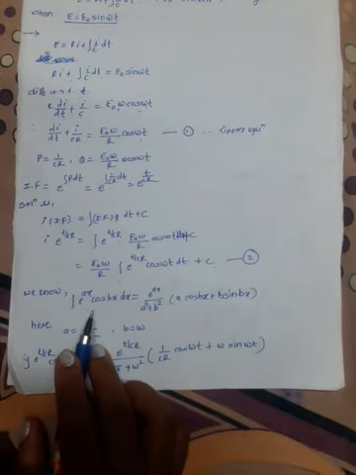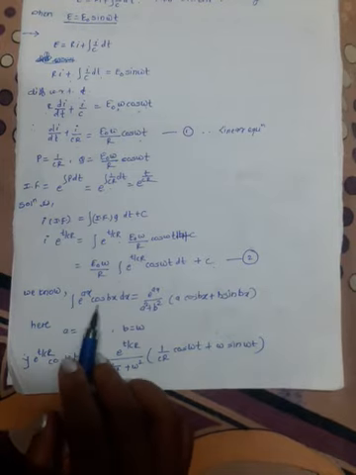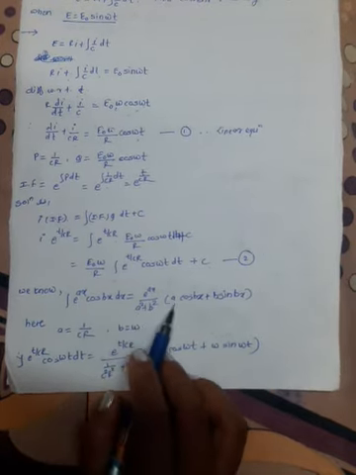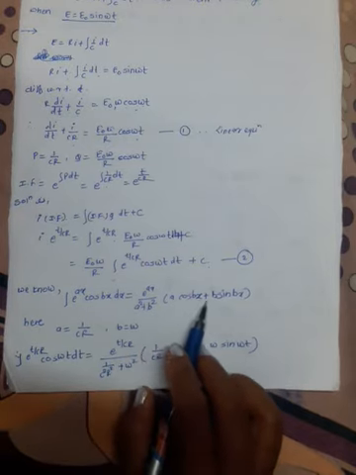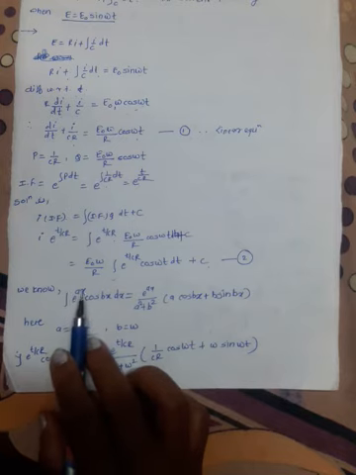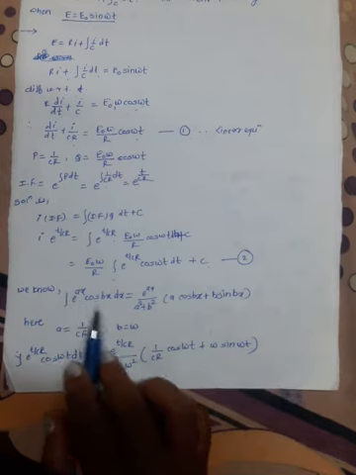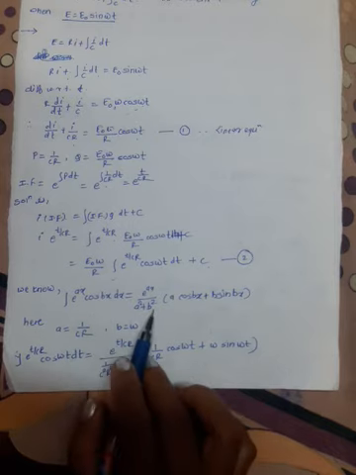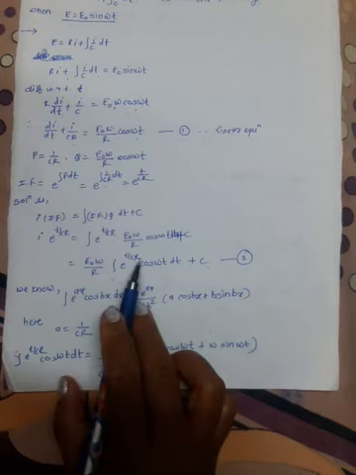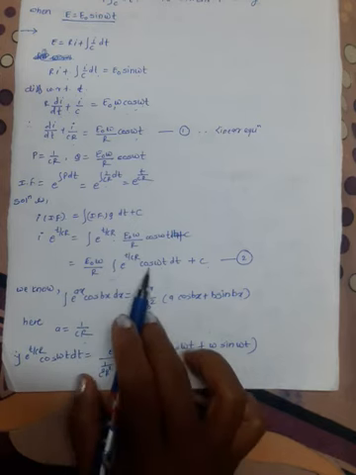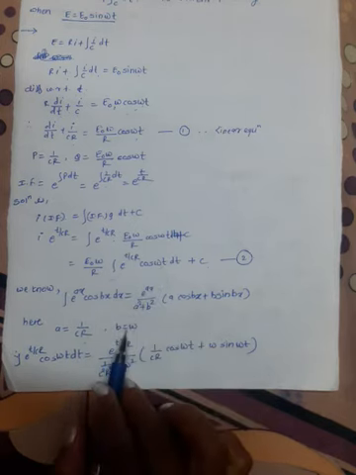We already know this integration. This is a standard formula: the integral of e raised to ax cos bx dx is e raised to ax upon a square plus b square into the bracket a cos bx plus b sin bx, where a is the coefficient of x in the exponential, and b is the coefficient of x in the angle. Here a is the coefficient of t, that is 1 upon CR, and b is the coefficient in the cos angle, that is omega.